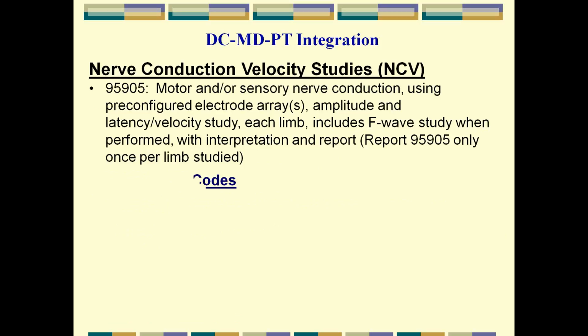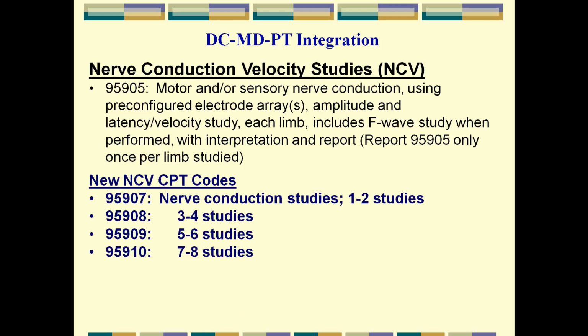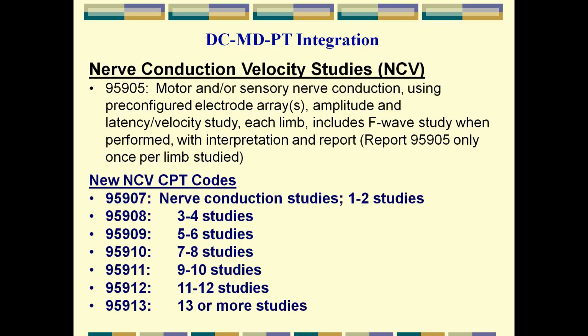95905 is still in effect. Now, the new codes that are in place for NCVs are 95907 through 95913. Those are the new NCV CPT codes. Now, again, if you're billing insurance, you should be aware of that particular insurance company's policy.